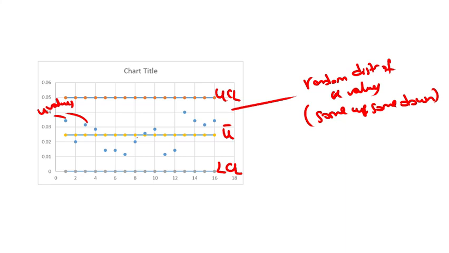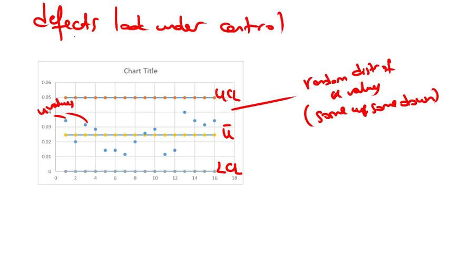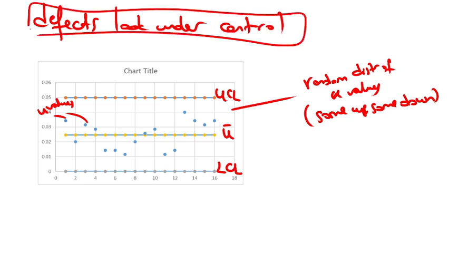This chart shows the distribution of the defects, so how many defects we have per manufactured product, and it looks like the defects are under control. That is the end of the attribute charts. Thanks for watching.